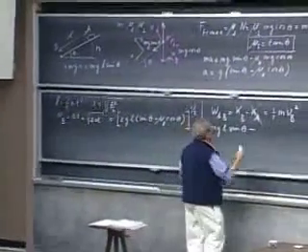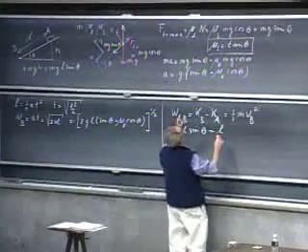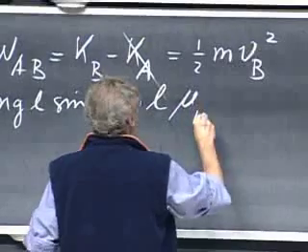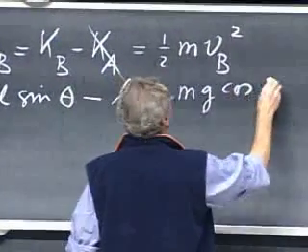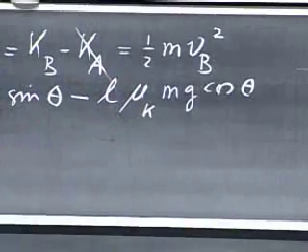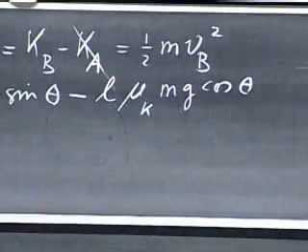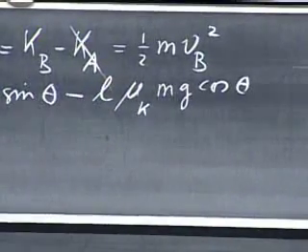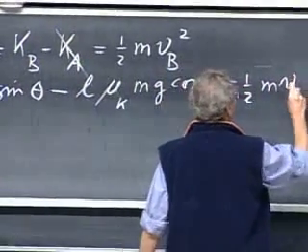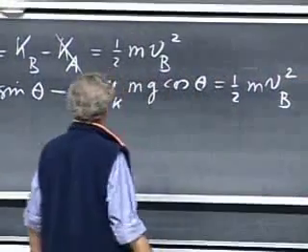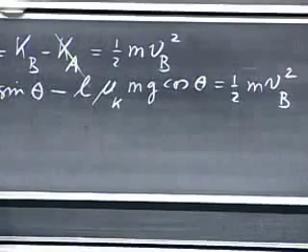And so I get L times the frictional force, which is mu k mg cosine theta. That's the negative work done by the friction, and this equals 1/2 m vB squared. And I lose an m.